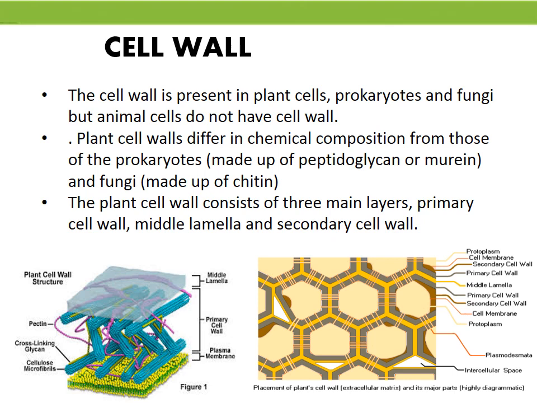It is present in plants, and also present in prokaryotes like bacteria, where it is made up of peptidoglycan or murein, and in fungi they are made up of chitin. The plant cell wall consists of three main layers: primary cell wall, middle lamella and secondary cell wall.